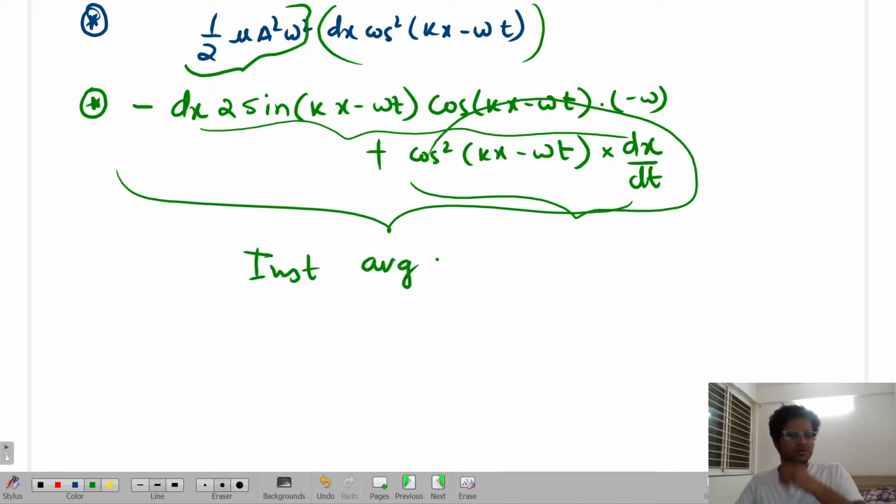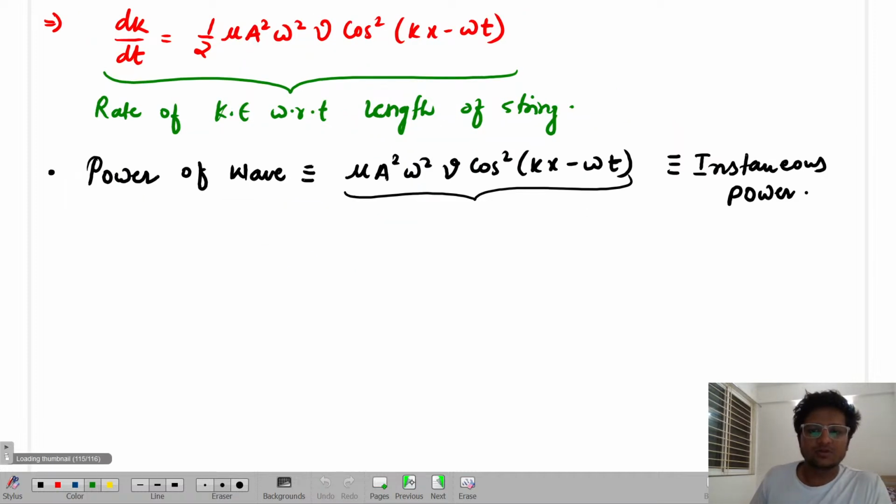Are you able to get me or not? Okay, is that clear? The reason is, if you do that average, this sine and cos, if they are independent, become almost equal to 0. How much do they become? 0. Okay, fine, you will learn that in 12th. But the point is, we just remove it.